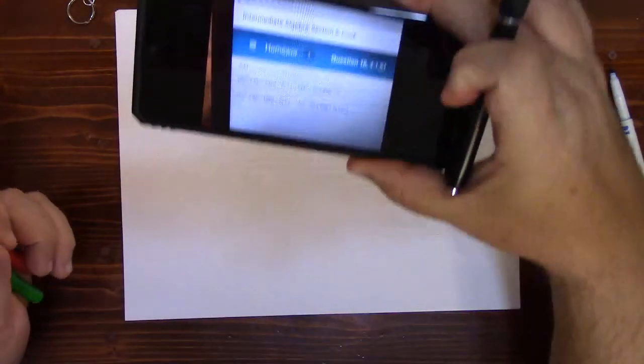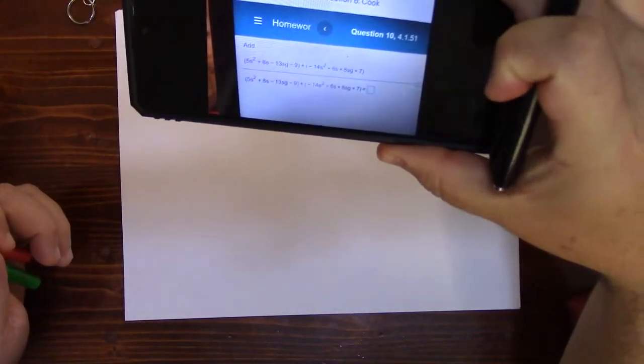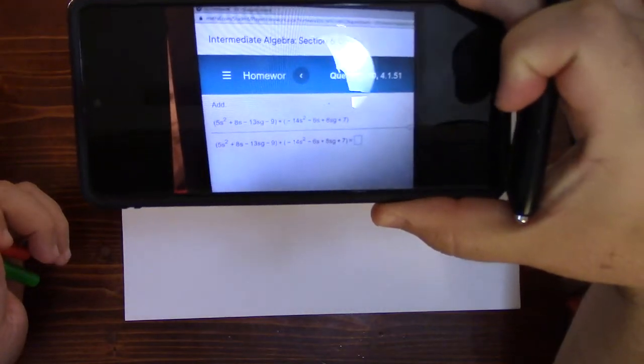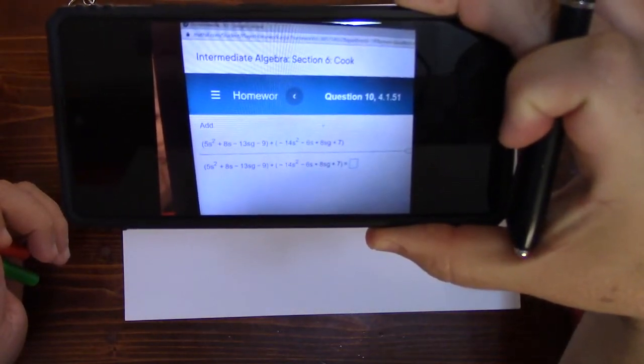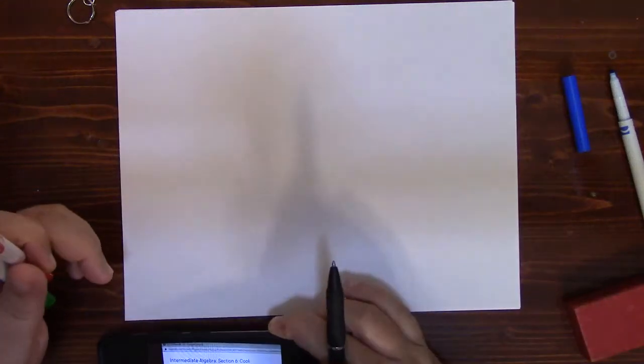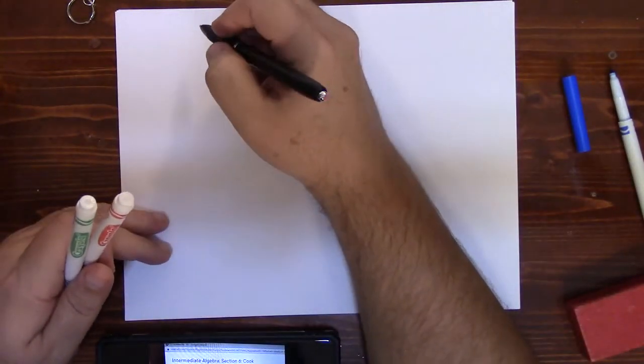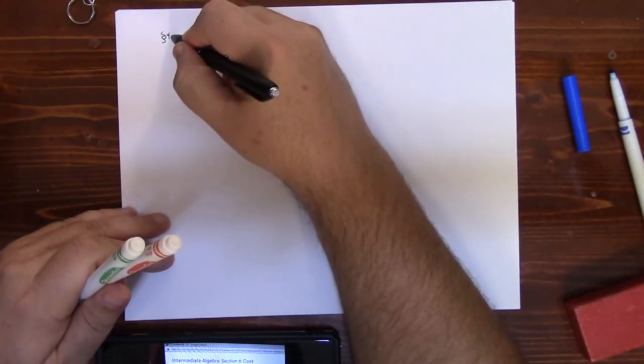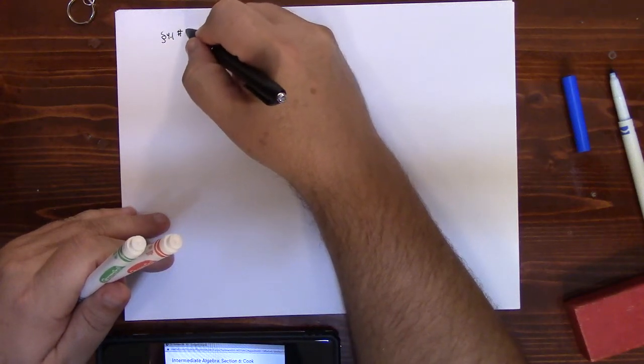So this one is 4.1, number 51. Again, I'm not sure if you can read my screen or not. Just trying not to cough at the moment. Okay, so this is based on section 4.1, number 51.